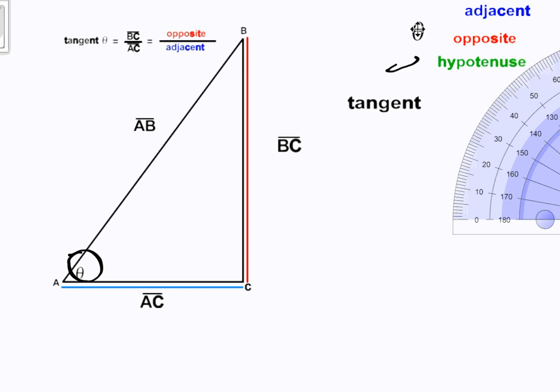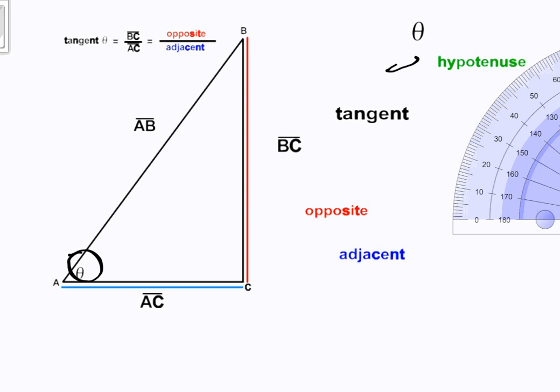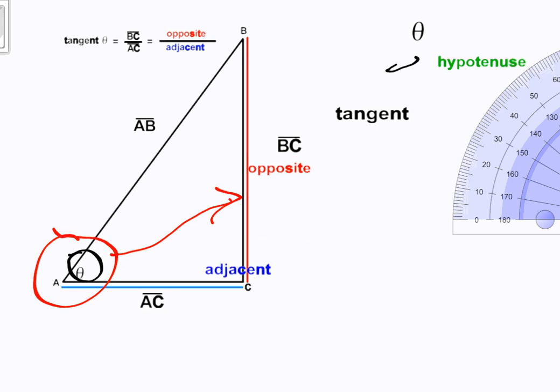So trigonometry for tangent is a relationship between the opposite side and the adjacent side. If theta is in this corner here, the opposite side is over here, and the adjacent side is here, side AC.